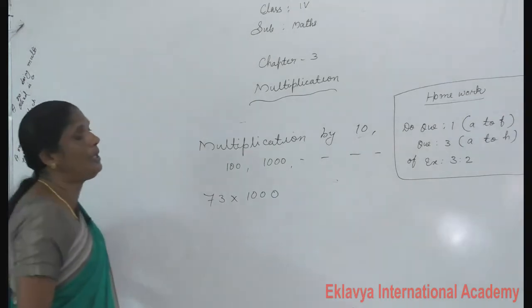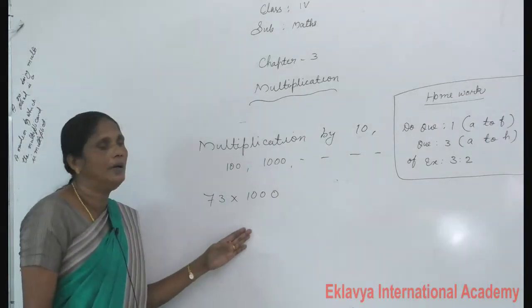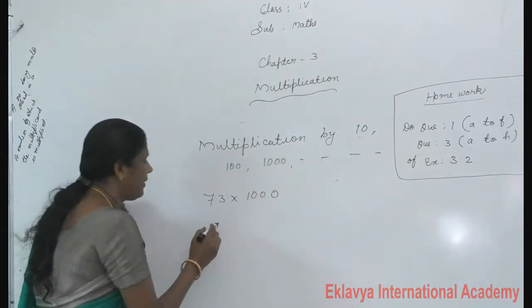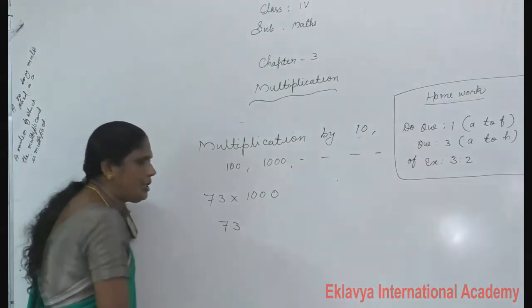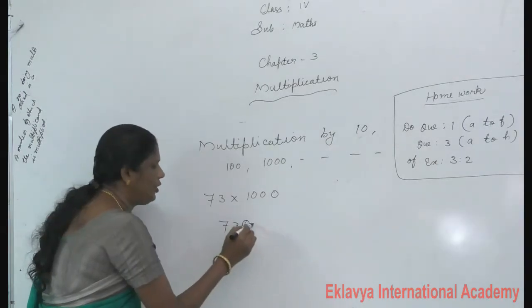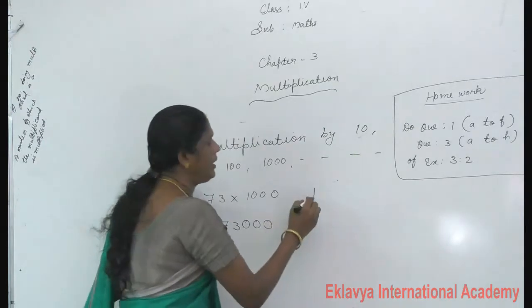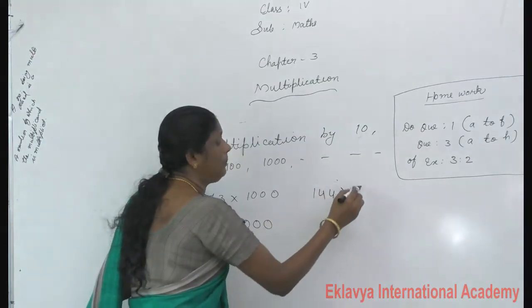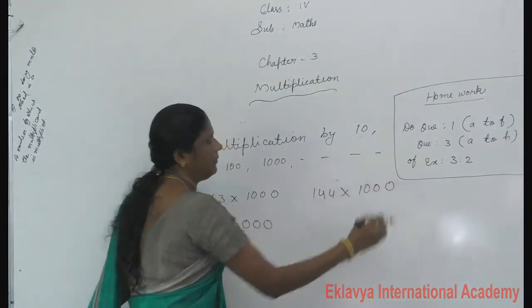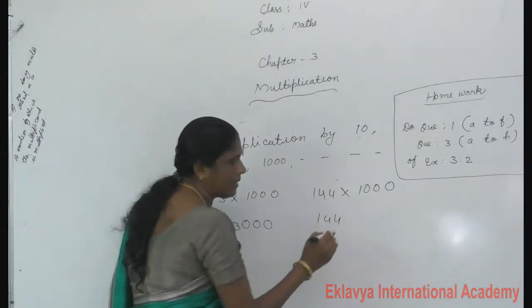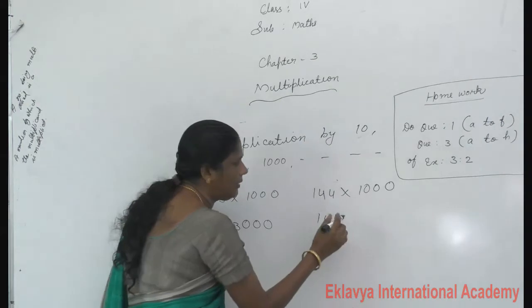How many zeros are in 1000? 3 zeros. 144 multiply 1000. First write 144, then how many zeros to write?